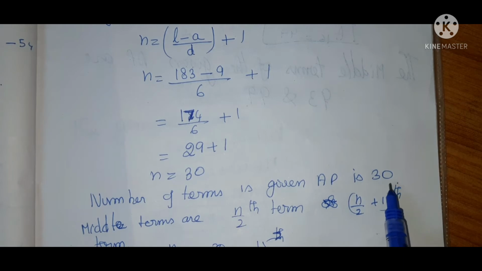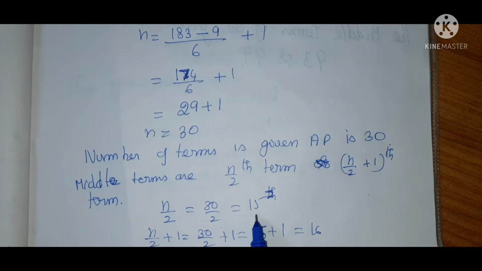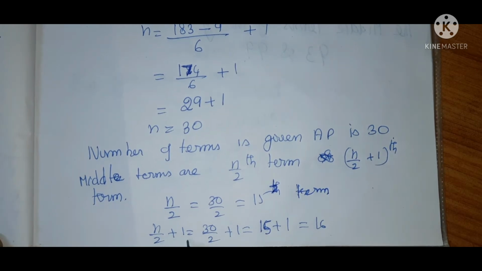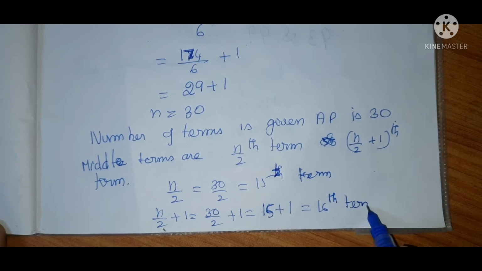There is an even number of terms here, so the middle terms are the n by 2th term and the n by 2 plus 1th term. n by 2, 30 by 2, is equal to the 15th term. n by 2 plus 1, 30 by 2 plus 1, 15 plus 1, the 16th term. To find the 15th and 16th terms.